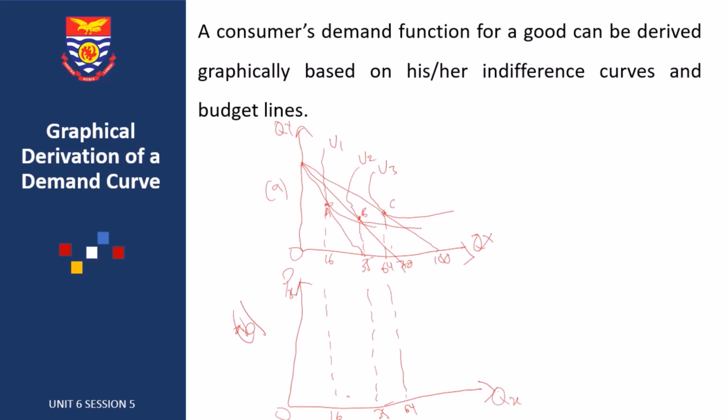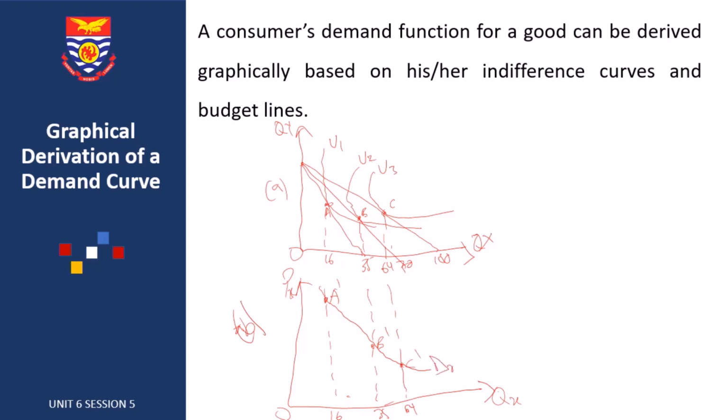Then I can make this part A, make this part B, and then make this part C. My graphs are not drawn to scale. I'm going to draw a demand curve through these points. Alright, so make this one A1, B1, C1.